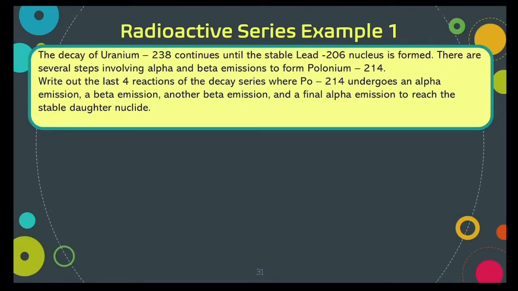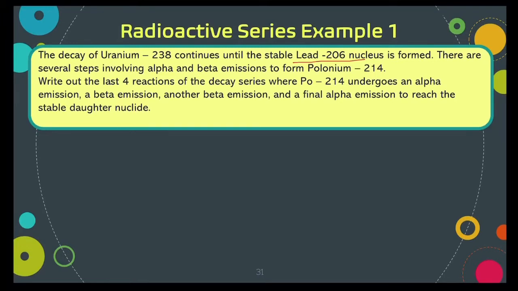Let's try to write equations in a radioactive series together. We're going to use the same example from the previous slide, the decay of uranium-238, as it continues to decay to form the stable lead-206 isotope. We already saw in the graph that there were several steps involving alpha and beta emissions to form polonium-214, which is one of the intermediate nuclides.